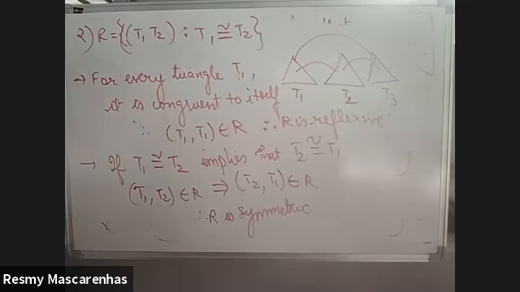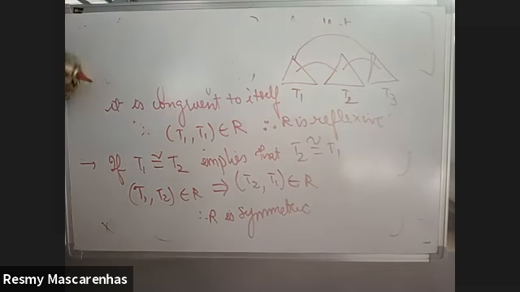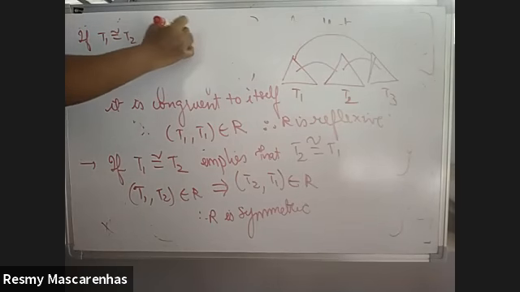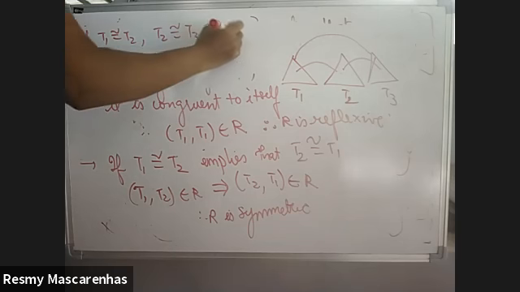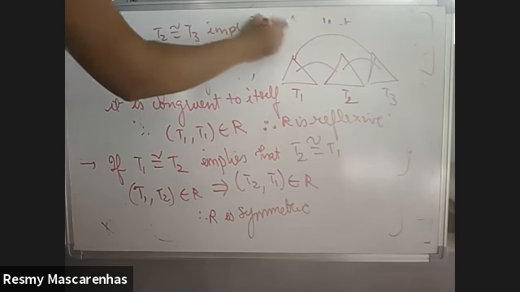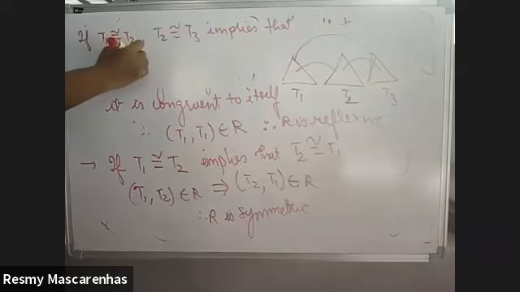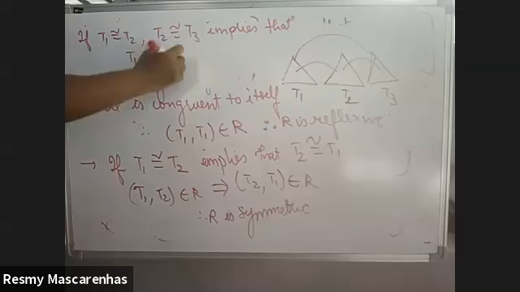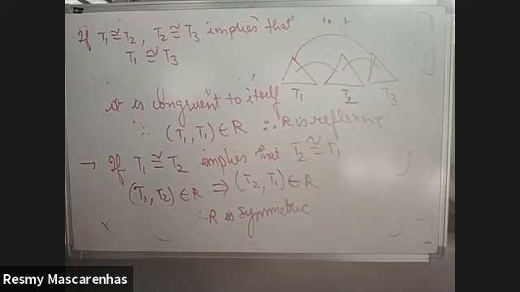So just write the same way you had written for parallel lines. Implies that T1 is congruent to T3.